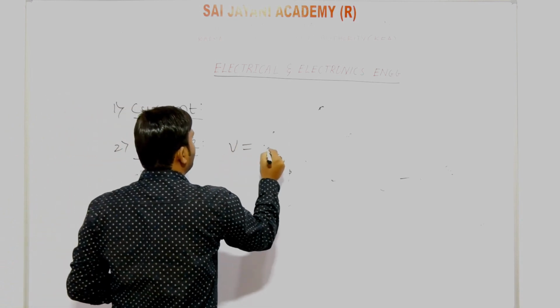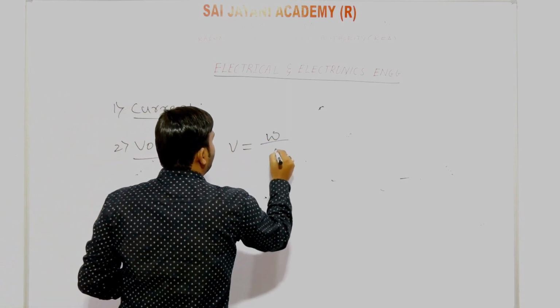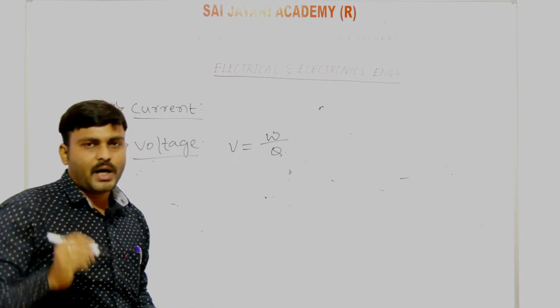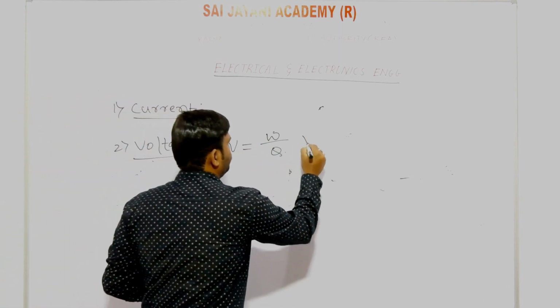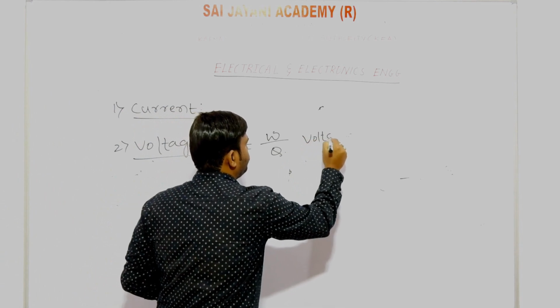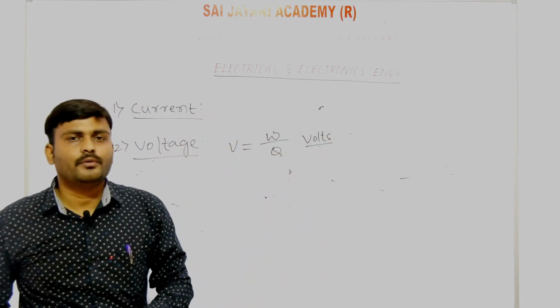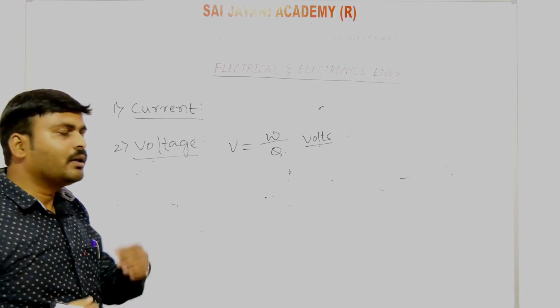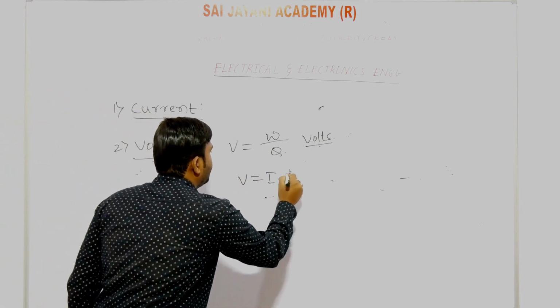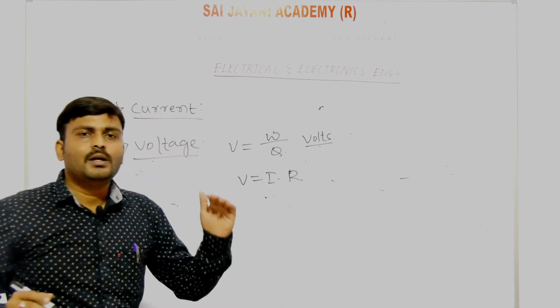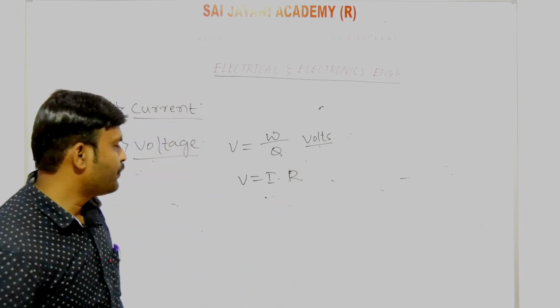So voltage is equal to work done per unit charge, and SI unit of voltage is volts. And we can define voltage as V is equal to I into R, the product of current and resistance.